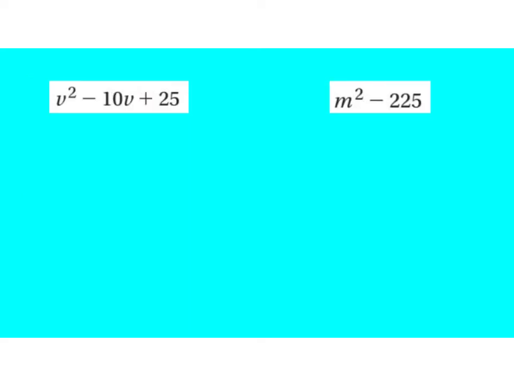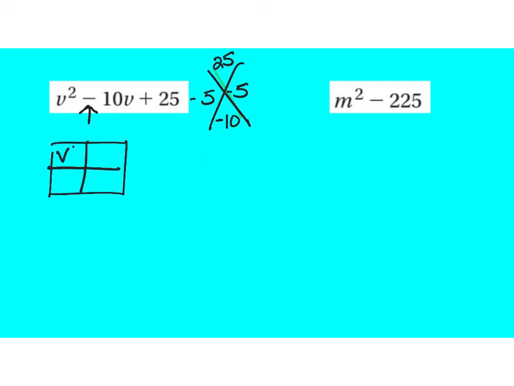We have one more example here, one of each of those. Let me change colors here. I'm going to do my X puzzle first. I need a product of 25 and a sum of negative 10. So the values are going to be the same, and they're both going to be negative because I need that sum to be negative. When I set up my box, I have v squared and 25.